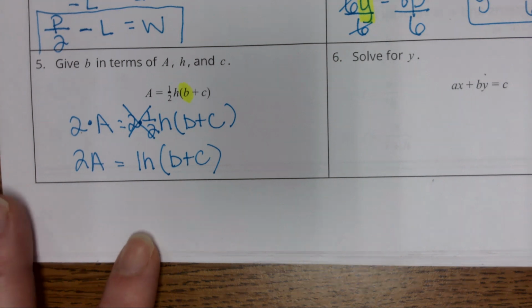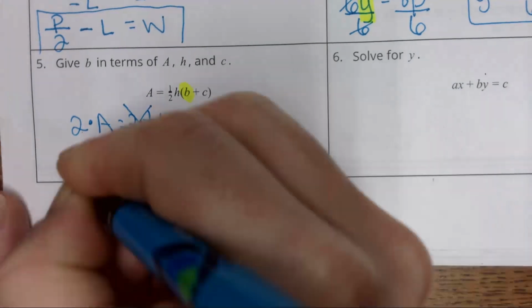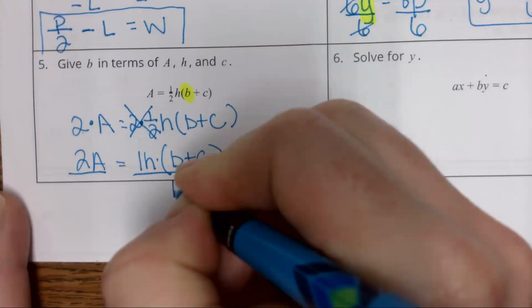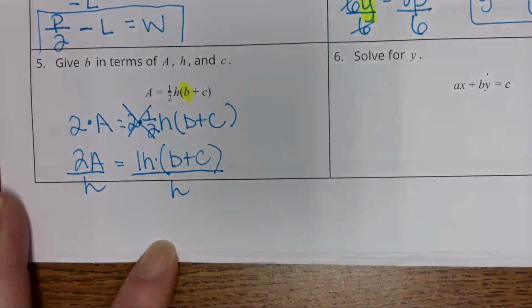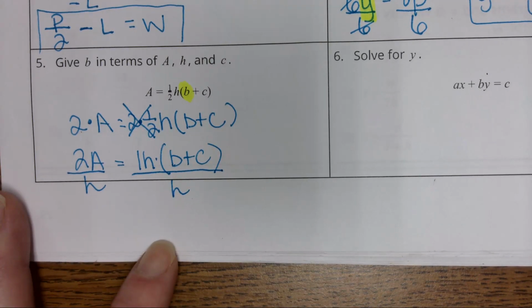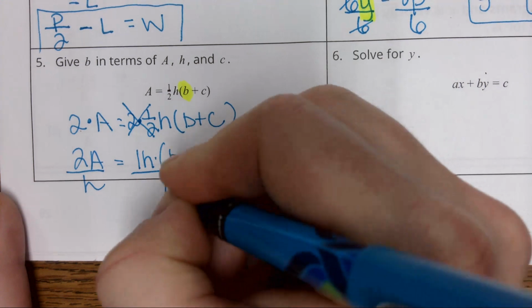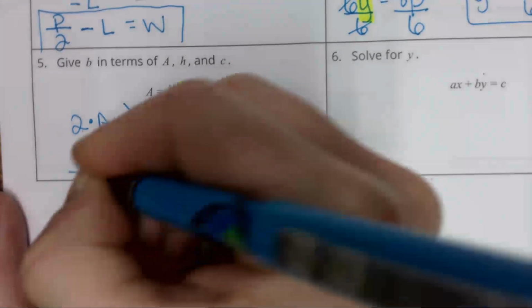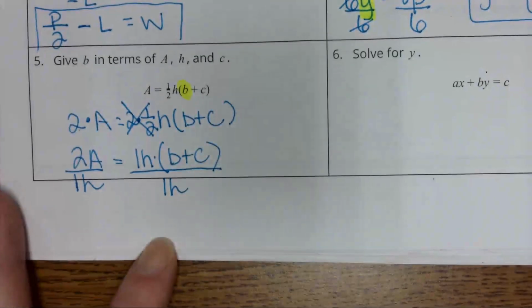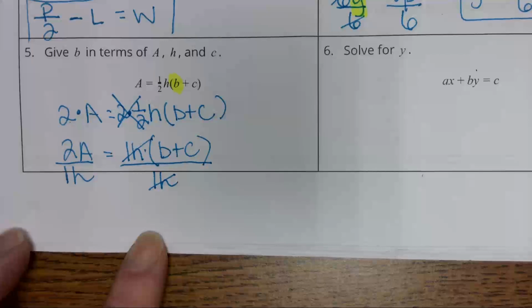All right, I need to get rid of the h times. How do I get rid of multiplication? Division. Do you want to divide by 1 too? Or do you know that I'm doing that? If you want to put the 1 there, leave it there, that's fine. But isn't 2 over 1 just 2? Okay. On the other side, yep.